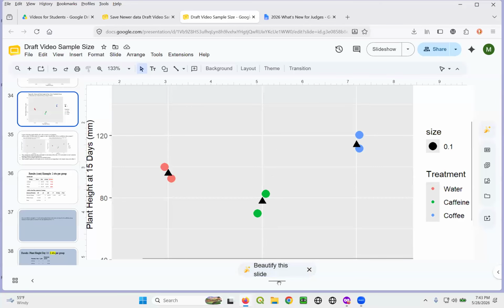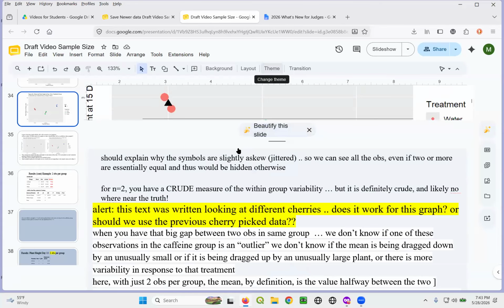So let's pretend you're looking at that slide. When you have that big gap, we don't know if one of these observations in the caffeine group is an outlier. We don't know if the mean is being dragged down by this one or dragged up by the larger one, or if there's just more variability in response to caffeine.